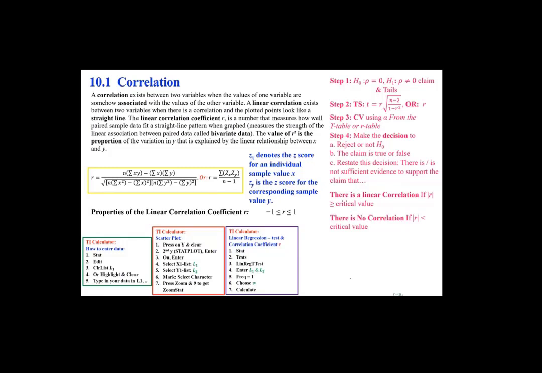The thing you want to remember is the idea of the t, and how you arrive at it: t is R times the square root of n minus 2 over 1 minus R squared. And by the way, the two are the same. If you look at the formula, the next one says R over the square root of (1 minus R squared) over (n minus 2). I hope you see that the two are the same. Let me just show you that.